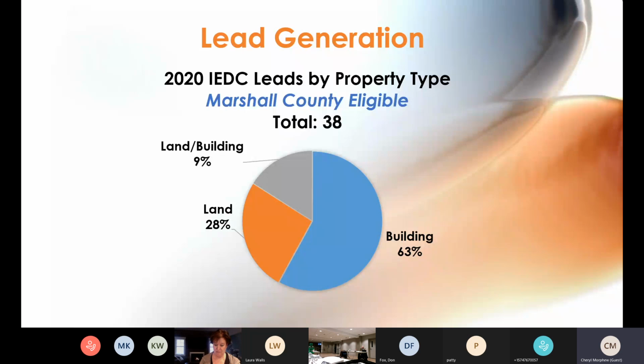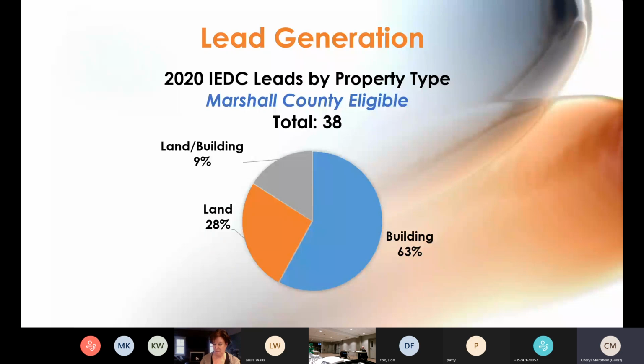So for those leads that came in last year that did include Marshall County, you can see there were a total of 38. And the majority of the requests were for existing buildings. So actually 63% of those 38 requests that included Marshall County last year, those companies were searching for an existing facility that they could go in, retrofit, and get going.